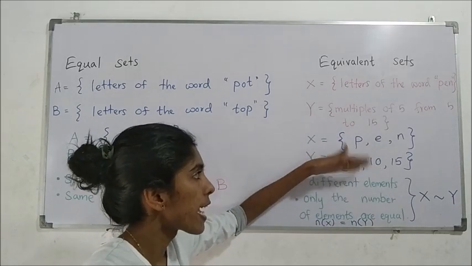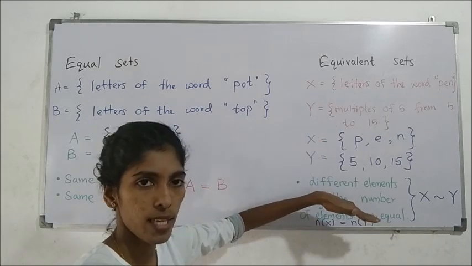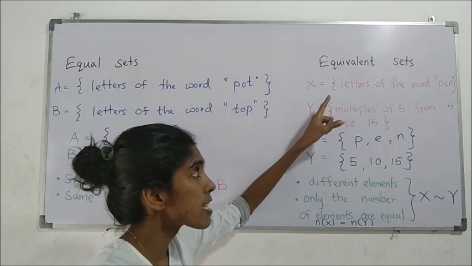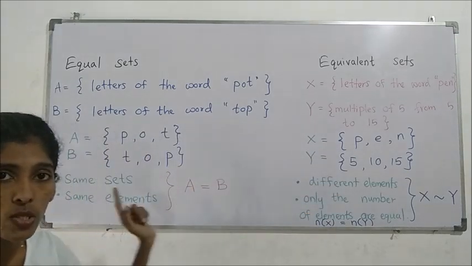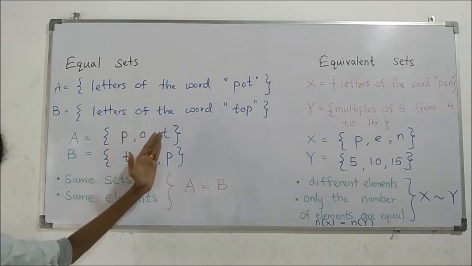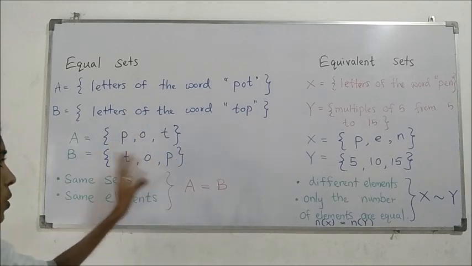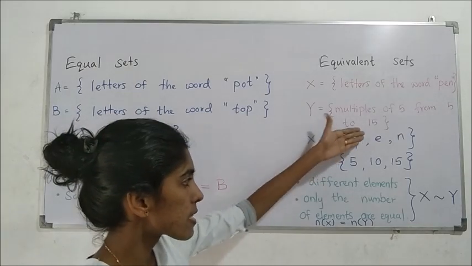Okay, though the elements are not same, if only the number of elements are same, we can call them equivalent sets. So remember the difference between these two. Here all the elements are same, the number of elements are same, so they are equal sets. But here the elements are different.